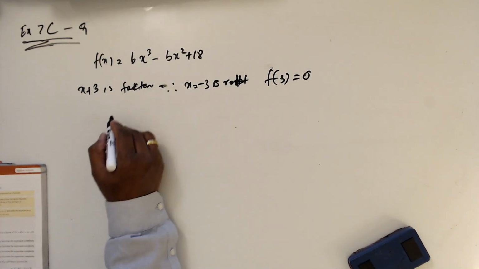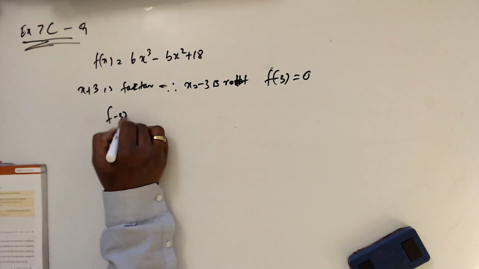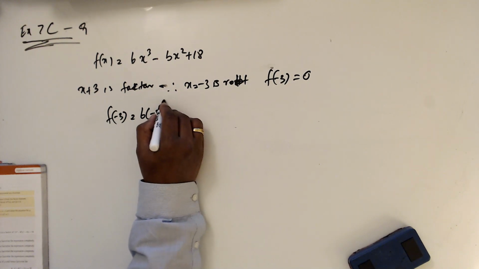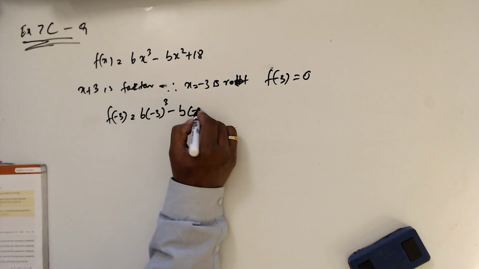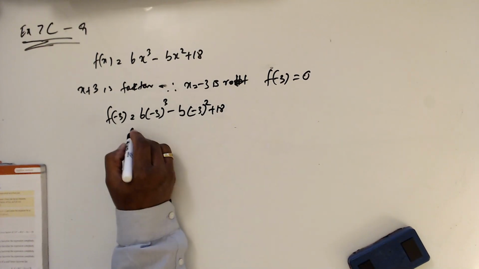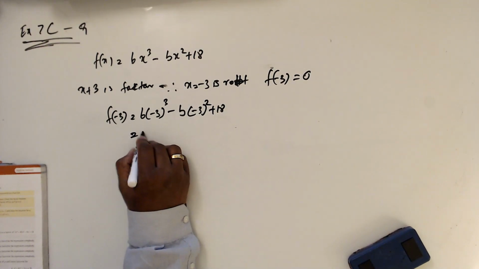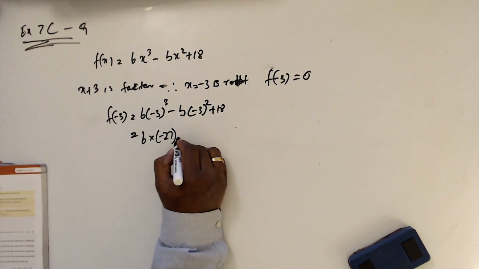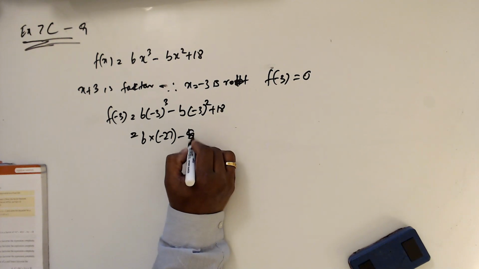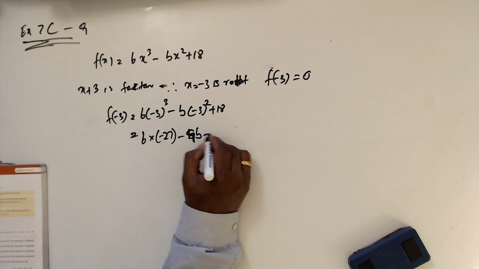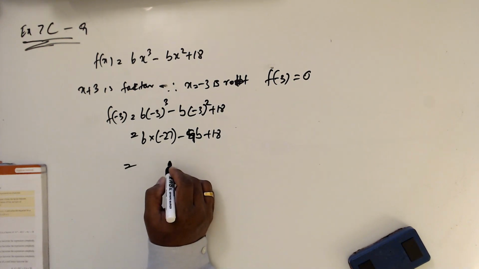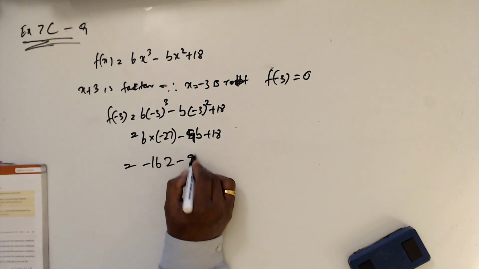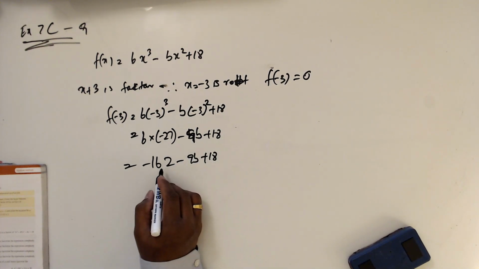Now let's find f(minus 3). It equals 6 times (minus 3) cubed minus b times (minus 3) squared plus 18. This is 6 times minus 27, minus 9b plus 18, so minus 162 minus 9b plus 18.